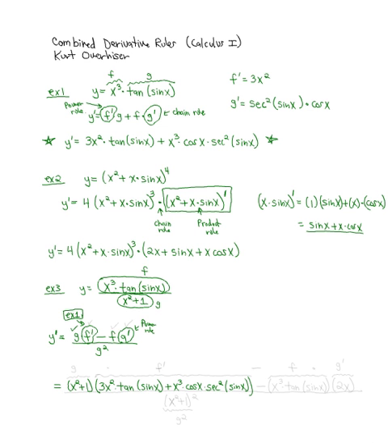See if I copied that down right. Okay, looks good. And then I subtract from that f, which is the numerator, so what we're trying to take the derivative of. So I just copy and paste the numerator, x cubed times the tangent of the sine of x.